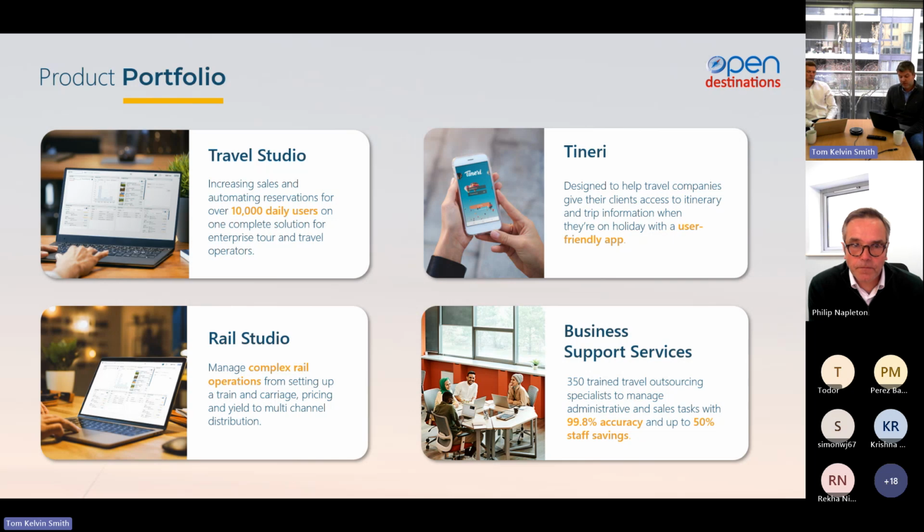We've also got Tinnery, our mobile app that works both B2B and B2C, and puts itineraries and holiday information in front of the end traveller whilst they're away. It also supports chat and has feedback functionality.